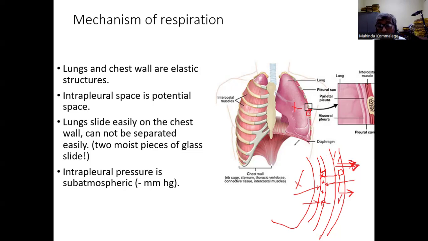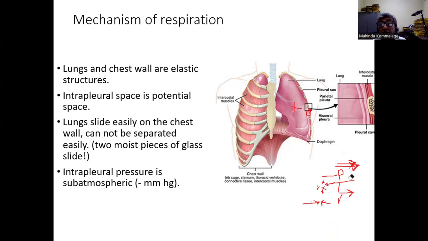So pressure in this whole cavity reduces, especially pressure in the interpleural space reduces, right? Volume increases, pressure reduces. Then something should happen. I will explain in the next slides.